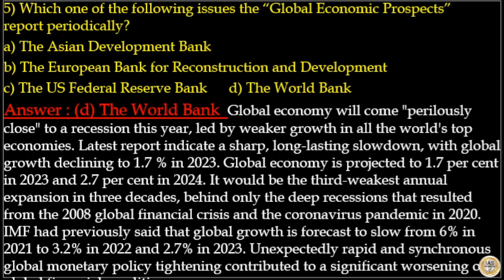IMF had previously said that global growth is forecast to slow from 6% in 2021 to 3.2% in 2022 and 2.7% in 2023. Unexpectedly, rapid and synchronous global monetary policy tightening contributed to a significant worsening of global financial conditions, and the Ukraine war also. So your answer to this question is option D.